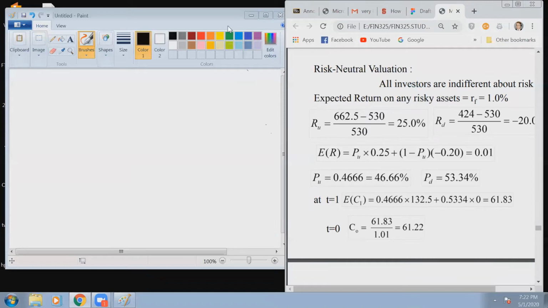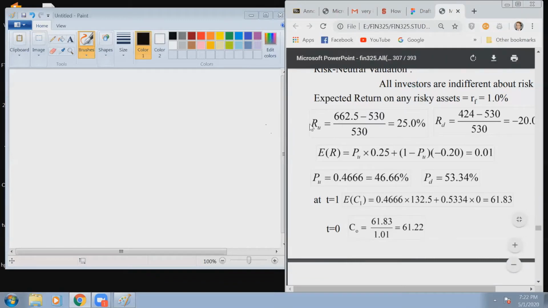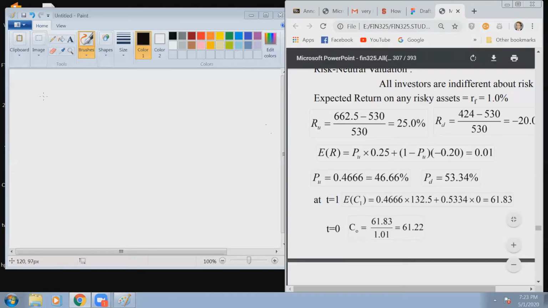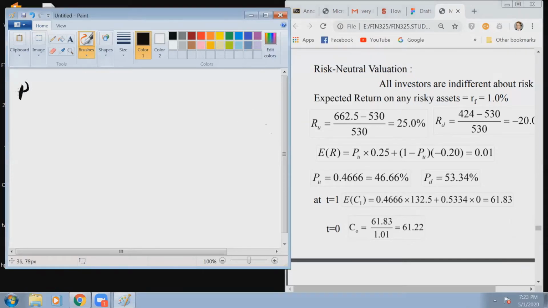So the first thing you need to do in this risk neutral valuation is calculate the return in an upturn and the return in a downturn. In this first situation, our stock can either go up to 662.5 or go down to 424. In the case of an upturn, our stock price is worth 662.5.